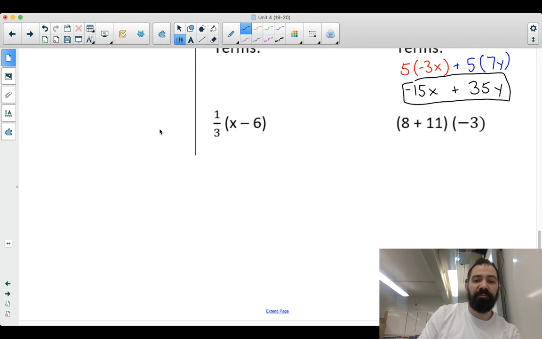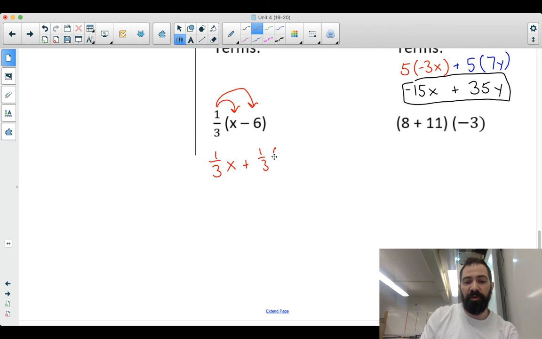Our last 2 problems. Now we have a fraction. Again, don't get scared by fractions. It is just multiplication. If you need extra help, always grab a calculator. 1/3 times x, plus 1/3 times negative 6. I'm just going to write 1/3 x as x over 3. It's the same thing.